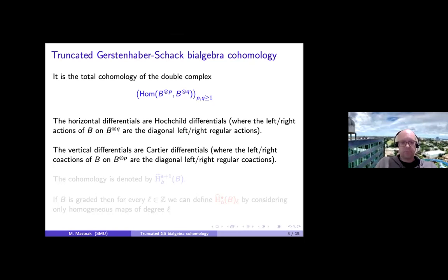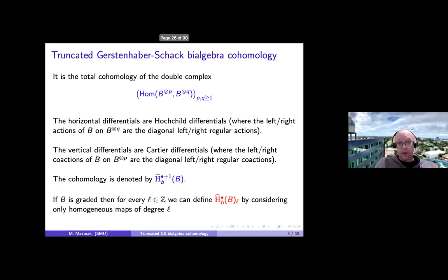And there is a convention that you shift by 1 when you take the total cohomology of this. One of the reasons is that it makes it convenient, so that in this way the second cohomology will again be the one precisely responsible for infinitesimal deformations, and H3 will be responsible for obstructions.